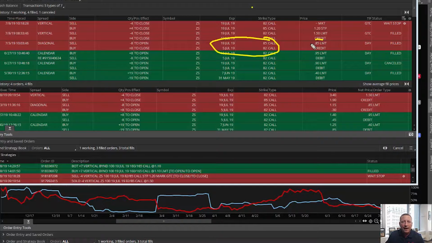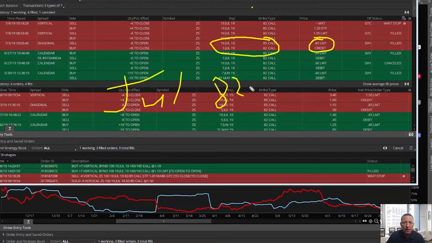And I collected 85 cents for that, meaning between what I paid for my original call spread, less the credit I received, I now wound up with an incredible July 82, 85 bull call spread. $3 wide call spread in ZS for 10 cents. Okay, that is maximizing reward to risk.